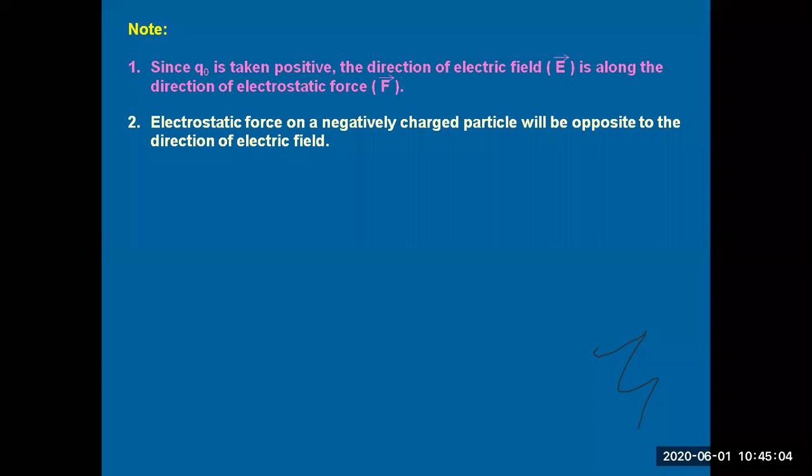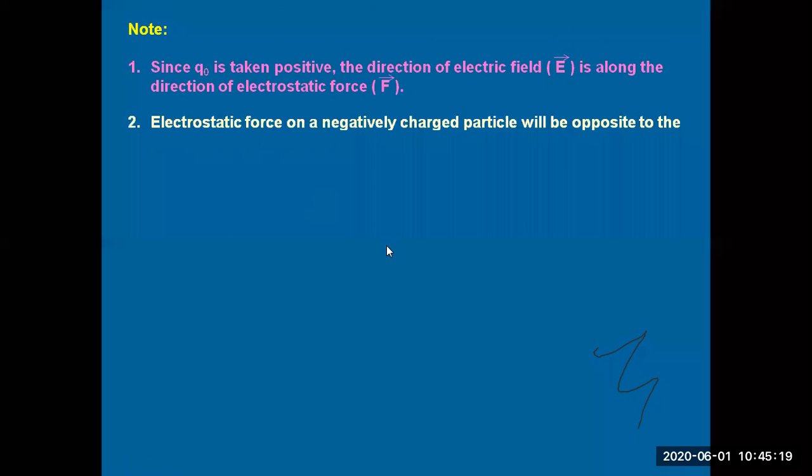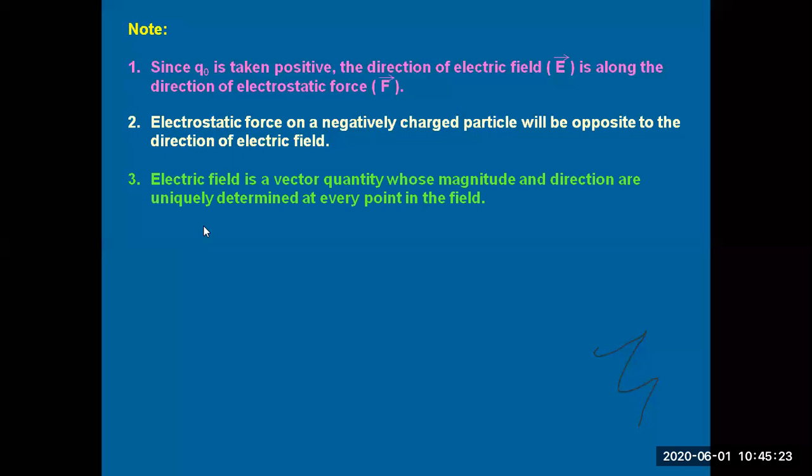So what you have to do here is, if it is a positive charge, E will be along the direction. You can see it in this diagram here. It is along the direction. If it is a negative charge, it will be in the opposite direction. Direction of electric field will be opposite. So those 2 points you just keep in mind.